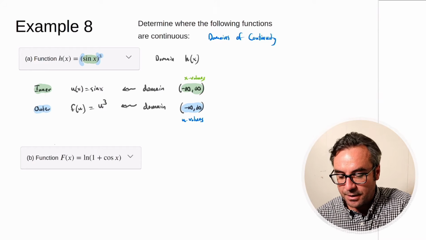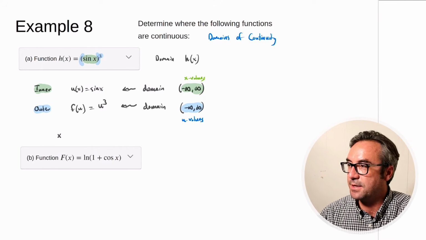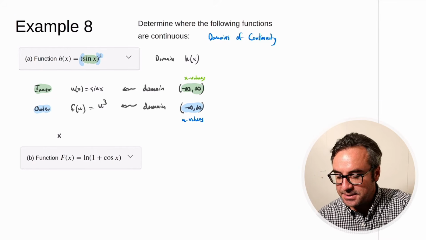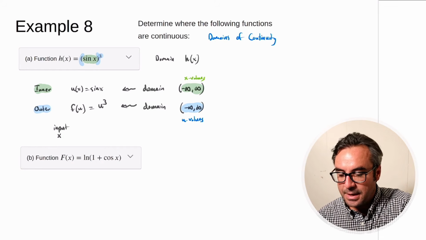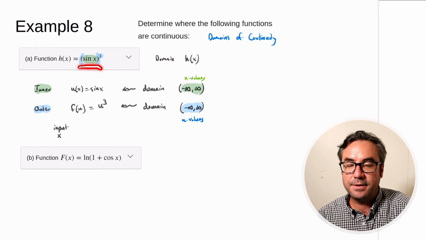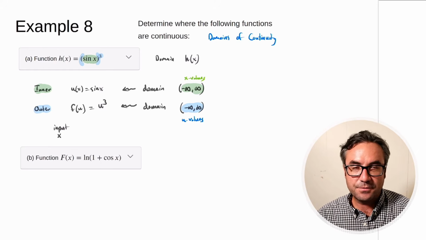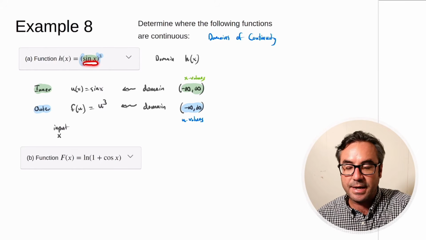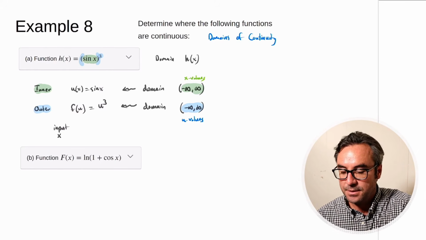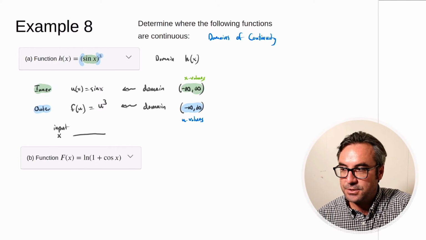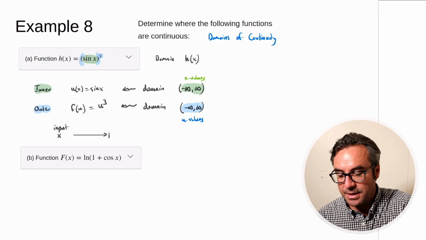All right, so let's start with our assembly line analogy. Let's take input x, and we're going to plug it into this function. The very first thing that would happen is we plug x into the sine piece, into our inner function, which we've called u.